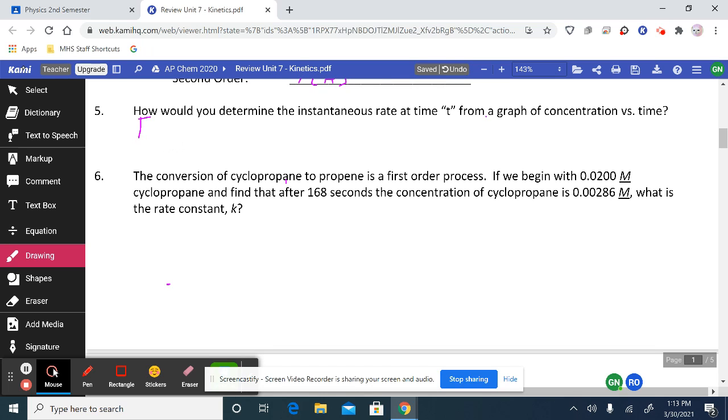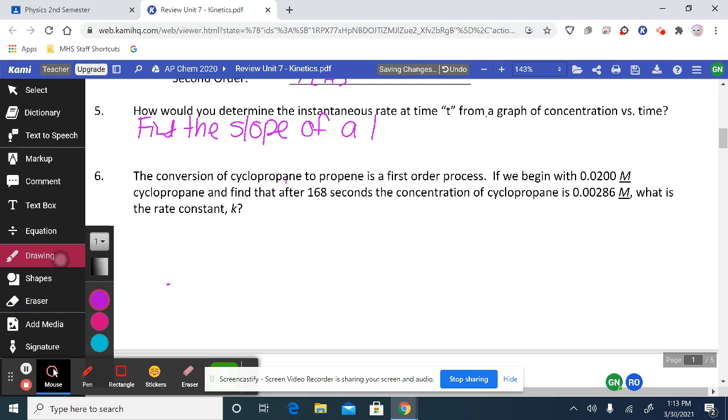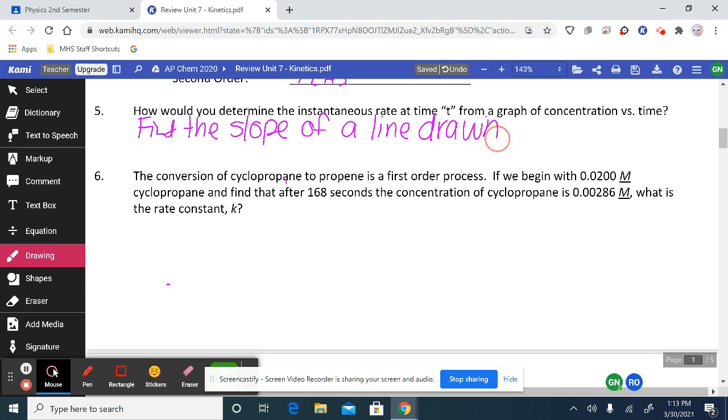You would have to find the slope of a line drawn tangent to the curve at time t.